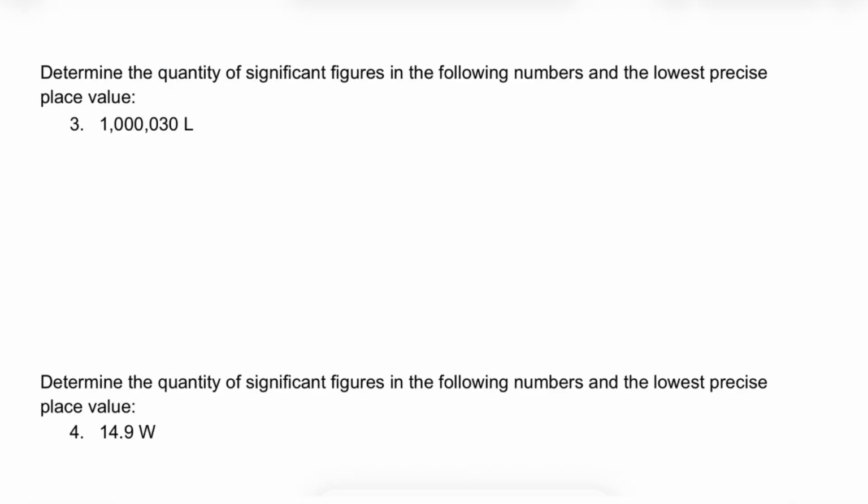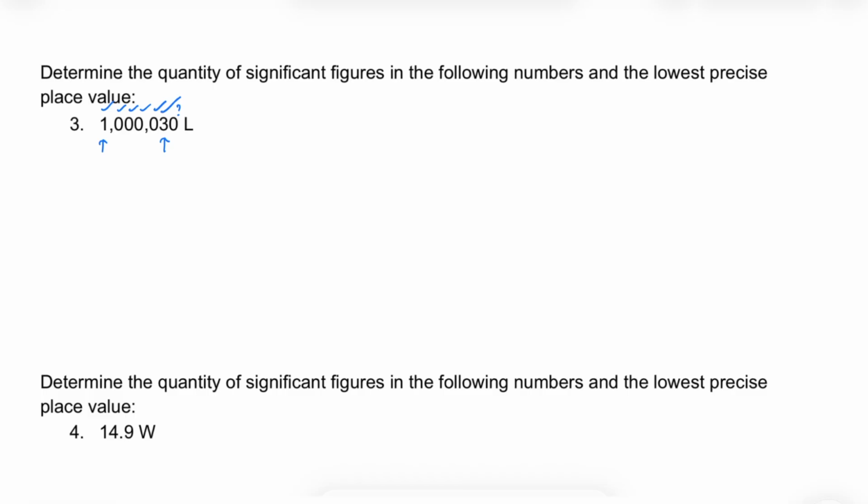All right, question 3, 1,030,000. Same thing, we're going to look for our non-zero numbers first, which we've got a 1, and we've got a 3, 1 in the million spot, 3 in the tens of thousands place. And so those, of course, are going to be significant. We know that any zeros in between non-zero numbers are also significant. And finally, we got that 0 off at the end. Remember, zeros after non-zero numbers are sometimes significant, sometimes not.